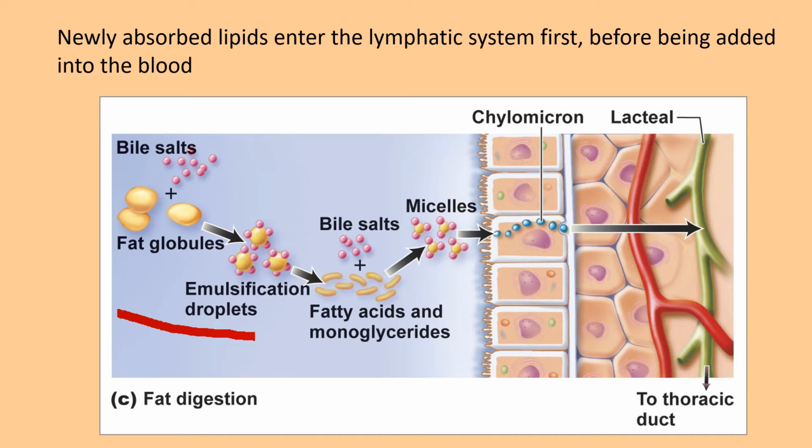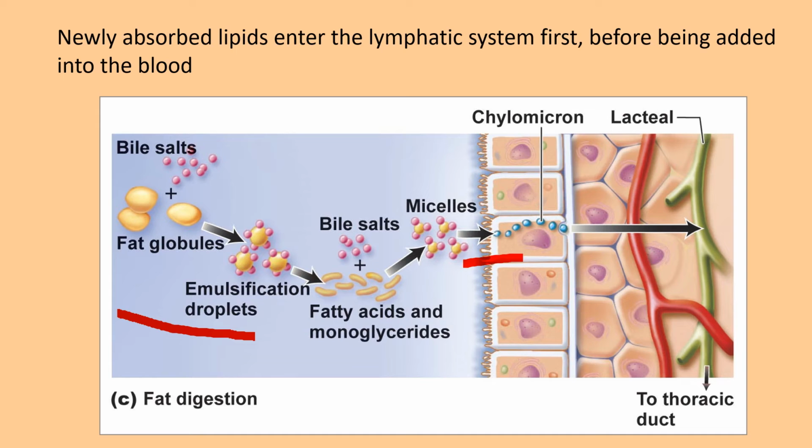A monoglyceride is a glycerol with only one fatty acid attached. So triglycerides have 3, a monoglyceride has 1. The other 2 fatty acid tails were liberated or broken off by lipase. So following the activity of lipase, we have these micelles, these tiny little spheres of digested lipids coated in bile salt. And the fatty acids and the monoglycerides are now small enough and fat soluble enough to zoop right across the phospholipid bilayer of this absorptive cell.